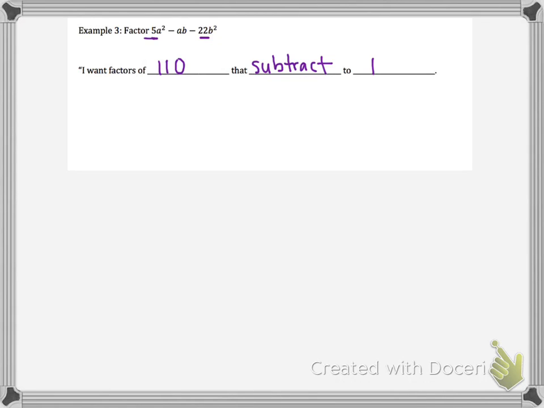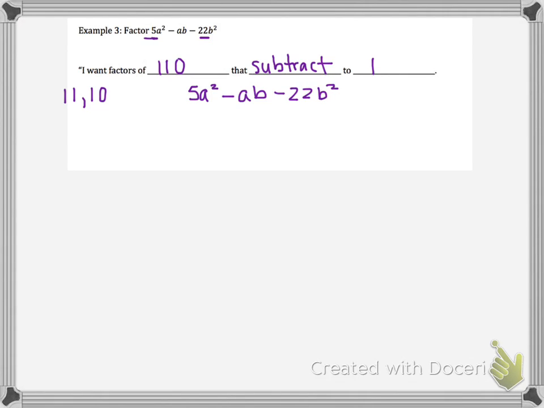So just kind of rewriting our polynomial, and thinking through the factors of 110 that would have a difference of 1. And that would give me 11 and 10.